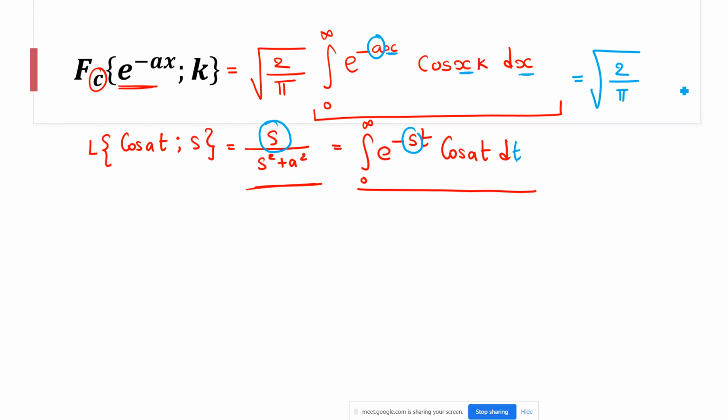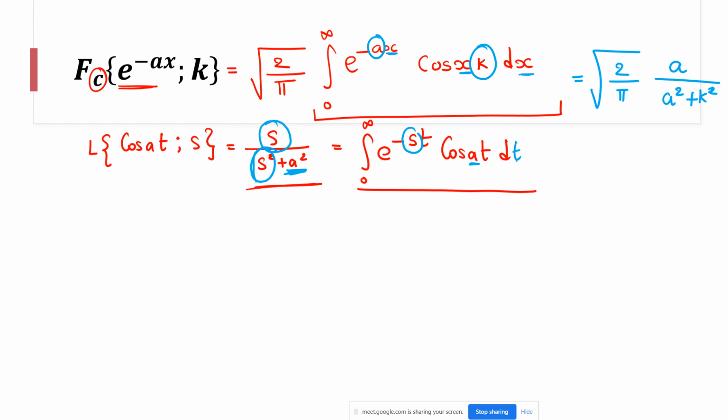So it is a upon a square plus something. This something, what would be a square? Over here a is replaced by k. So it is k square. K square. Yes.